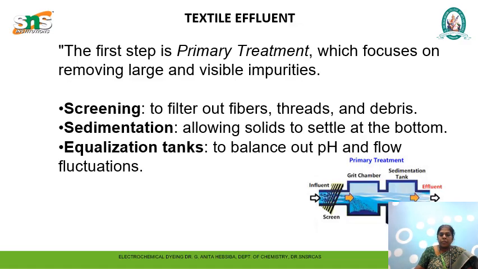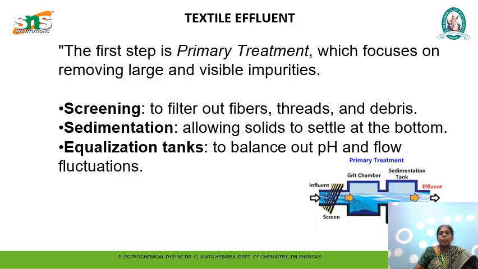According to the force of gravity, the solids settle down at the bottom. We just leave the liquor undisturbed overnight, and the solids settle down at the bottom, and we can decant the textile effluent, that is the liquor, and then it can be taken for the next process.